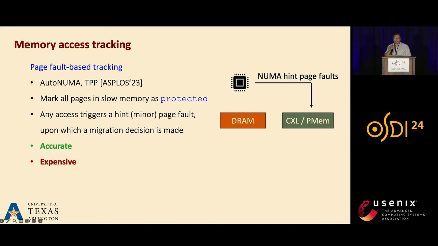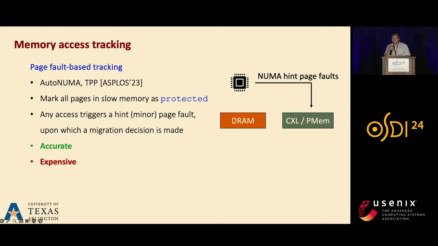The page fault-based access tracking leverages the existing LRU-based page replacement algorithm in Linux to determine page hotness. Representative approaches include AutoNUMA and TPP. Page fault-based tracking marks all pages in the slow memory as protected and invokes a hint or minor page fault on every access to these pages.